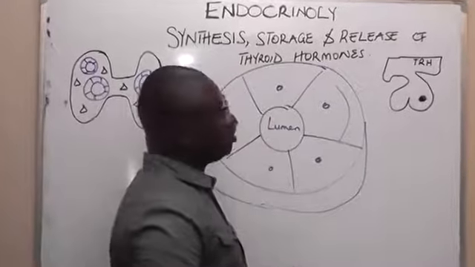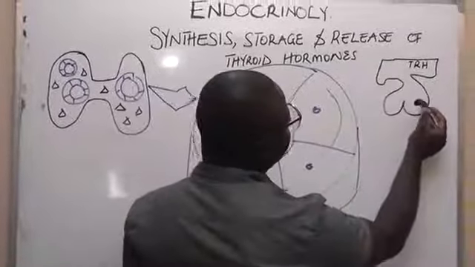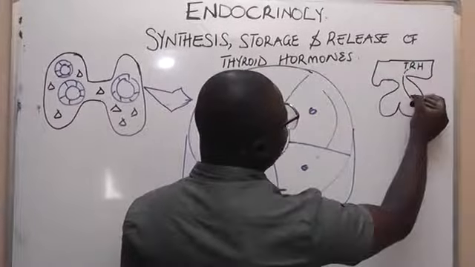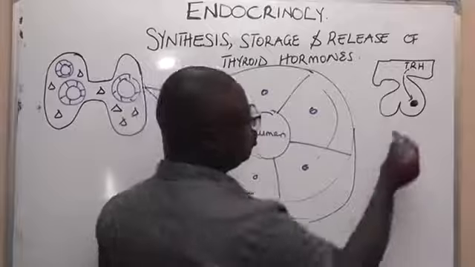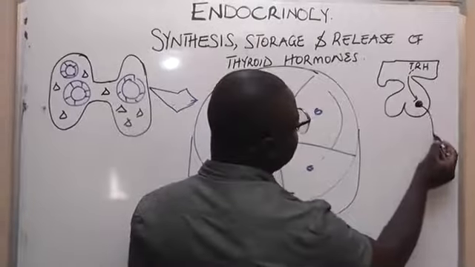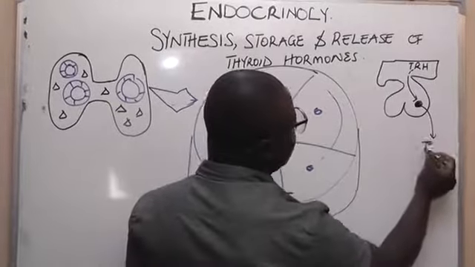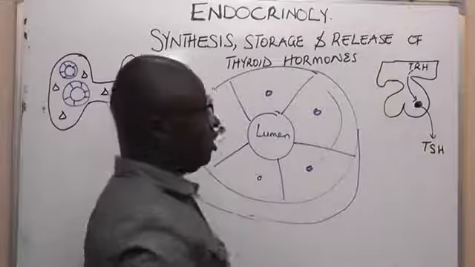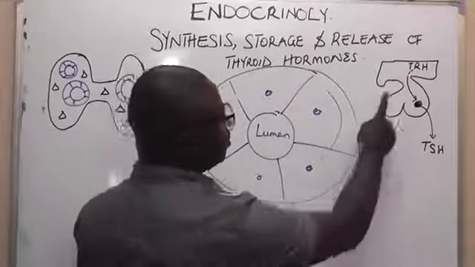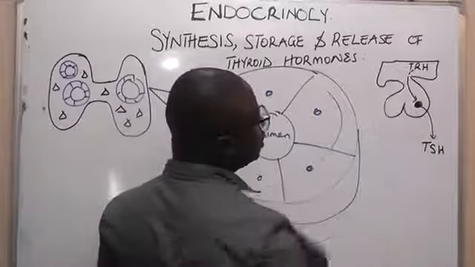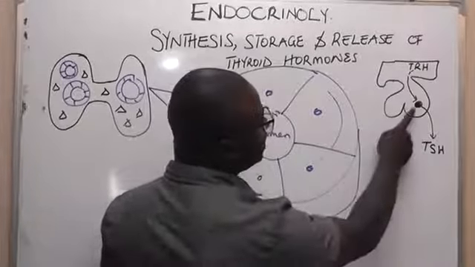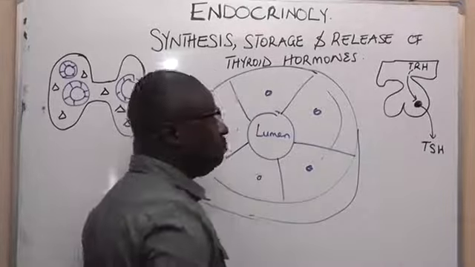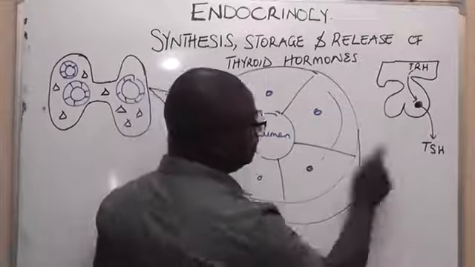This hormone will act on this thyrotroph to release another hormone known as thyroid stimulating hormone. Okay, what are we seeing now? The hypothalamus secretes thyroid releasing hormone, which acts on a cell in the anterior pituitary gland to produce TSH.